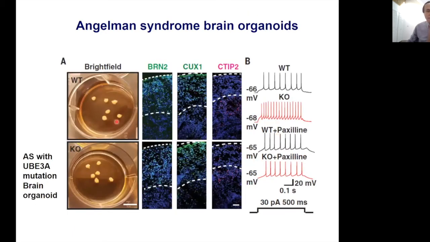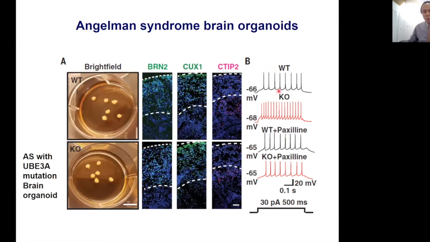This is a brain organoid generated from that individual iPSC cell. You can see it's very tiny, the brain organoid from the normal control, and this is a brain organoid from the Angelman patient. We also see beautiful staining for different cell types and different layers, similar to the human cortex.